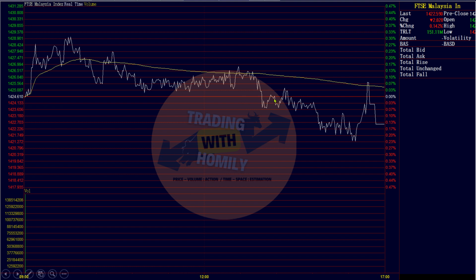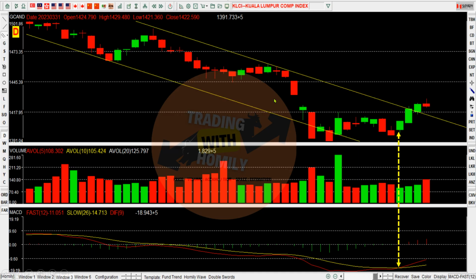From the daily chart, we can see the price has now broken out of the downtrend line. From the trend series, we can see the price for KLCI is making a higher low and higher high.